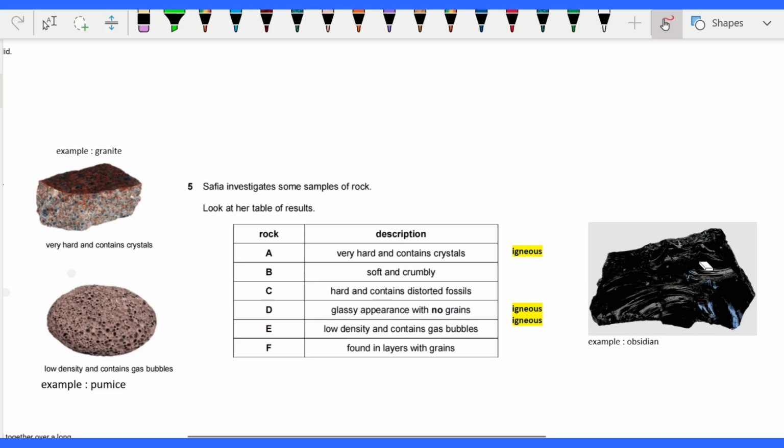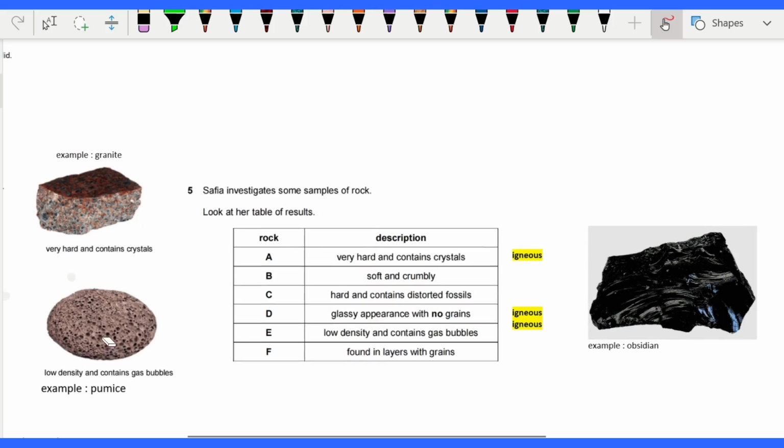This is obsidian, also an igneous rock. And E is low density and contains gas bubbles. That is pumice, with a lot of pores where gas bubbles formed. So now we identify that A, D, E are igneous rocks.